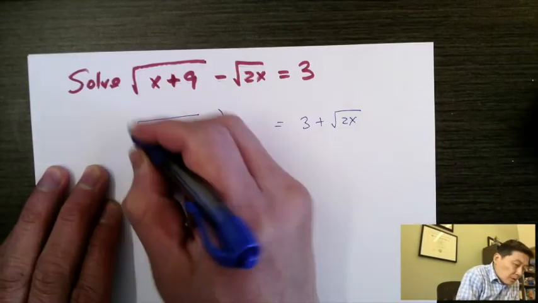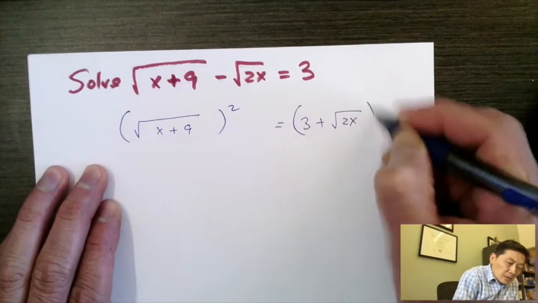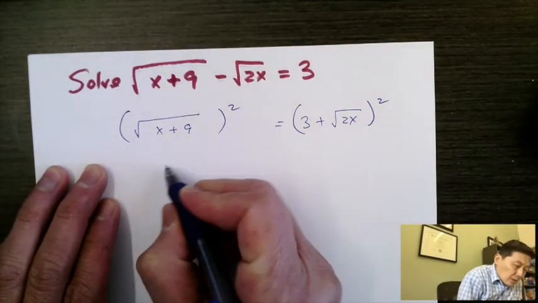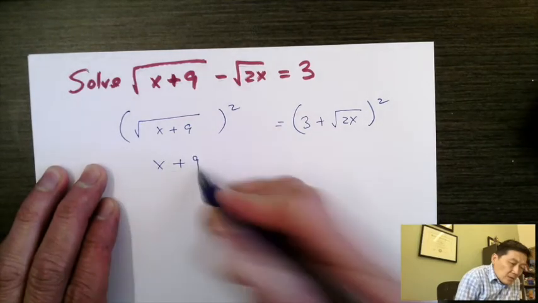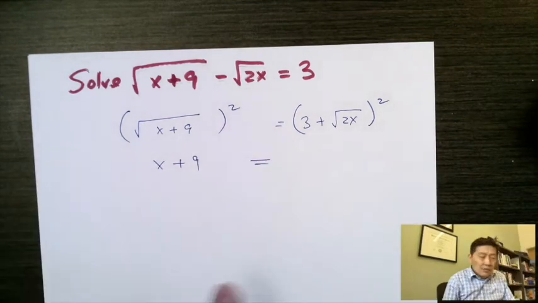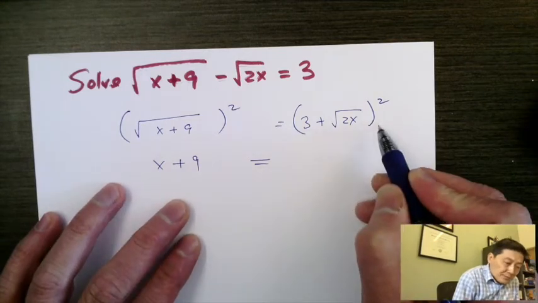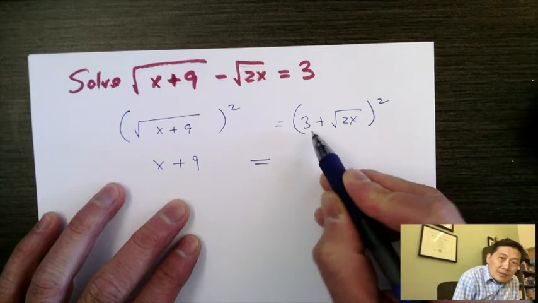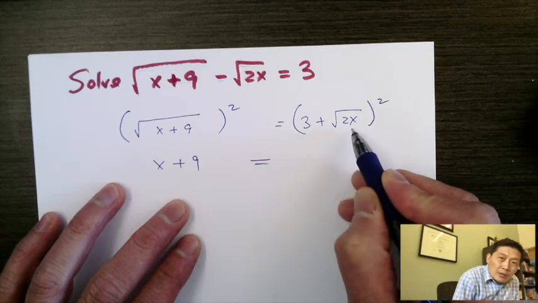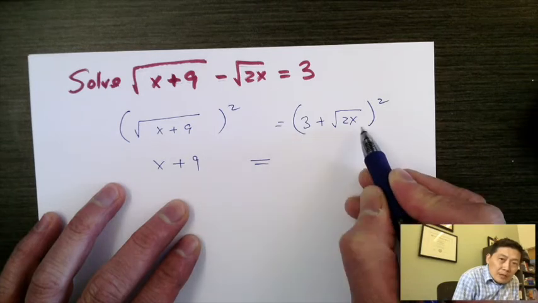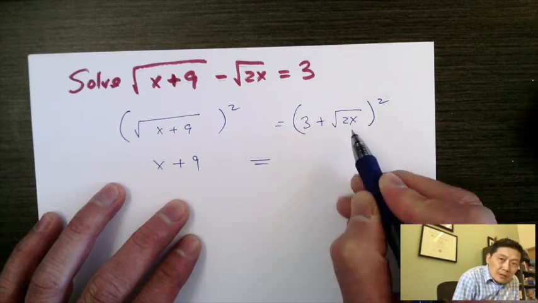So I square both sides of the equation. I can get rid of the radical, so I end up with x plus 9 on one side, and on this side, I make sure I follow the binomial expansion, right? A plus b squared is equal to a squared plus 2ab plus b squared.